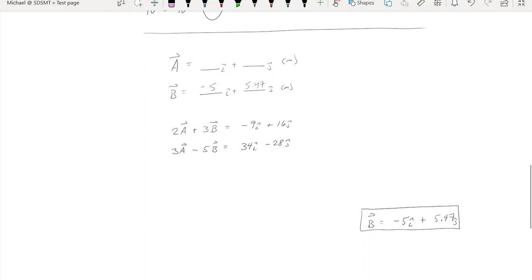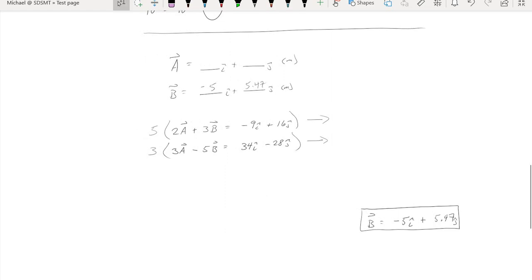So now we're going to go back to the original set of equations, and we want to eliminate the b's from these expressions. And the easiest way to do that is to find the least common multiple for the b terms. For 3 and 5, that's a 15, so we need to multiply by 5 and 3 respectively.